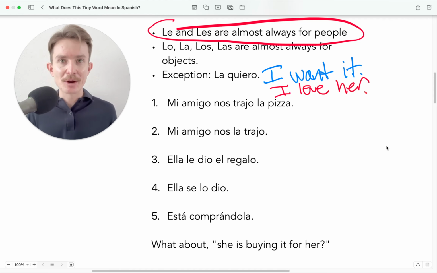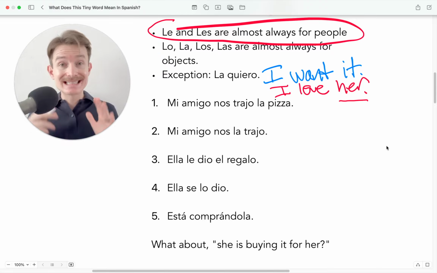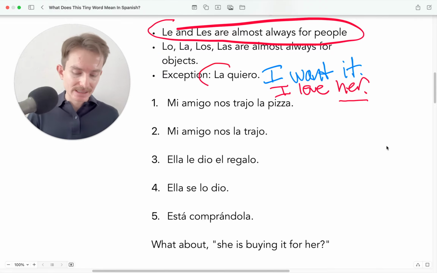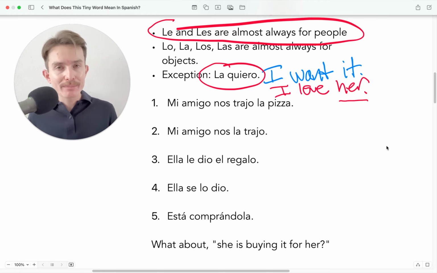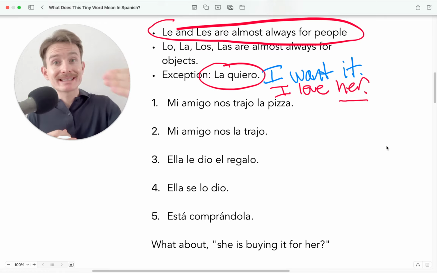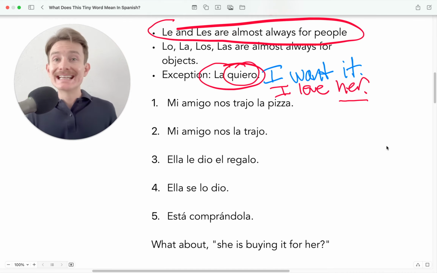What's going on here? Well, here, the reason that we can use la to represent her is because in a simple sentence like la quiero, we only have one object. Therefore, that object is being directly affected by our verb, which in this case would be quiero. So, la quiero could be I want it.